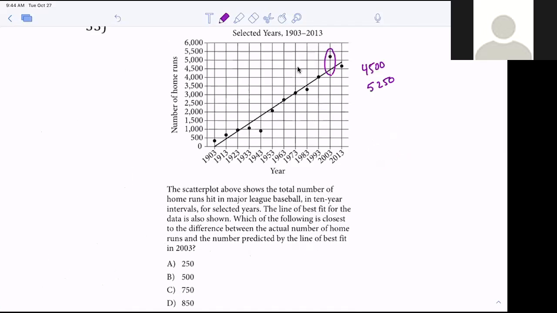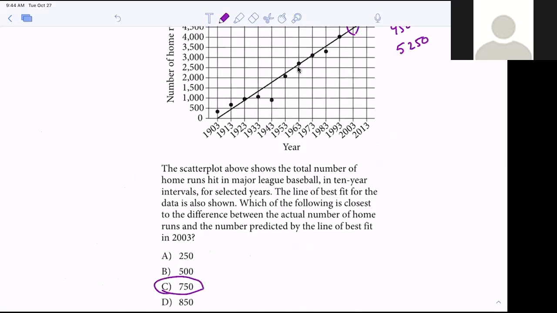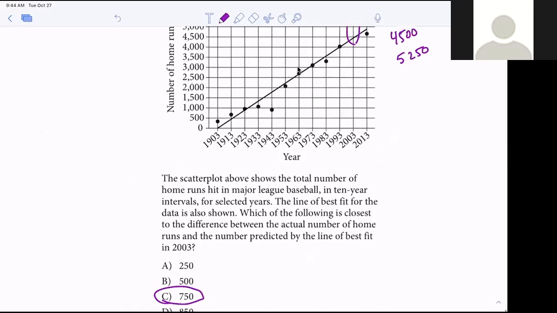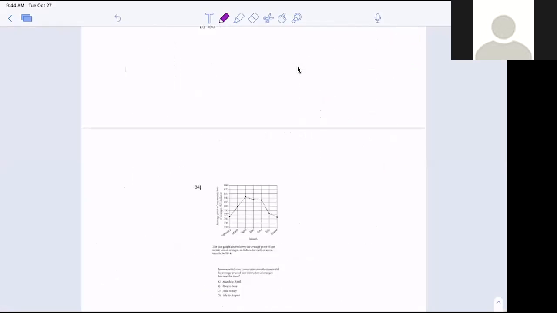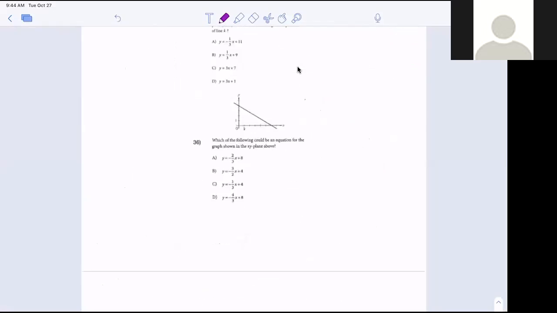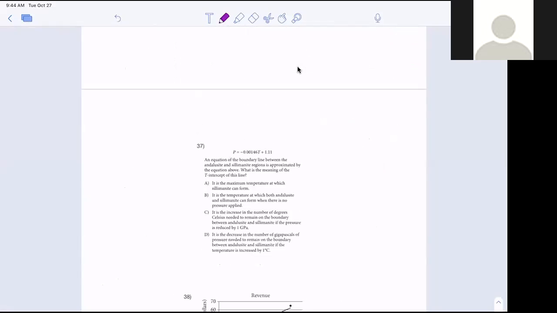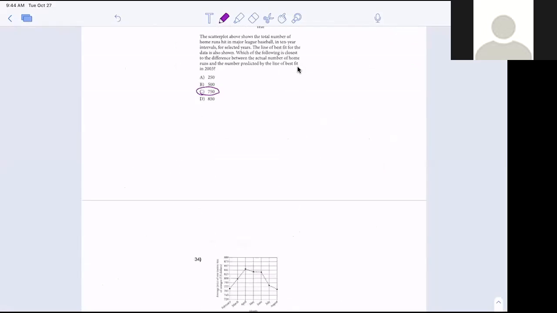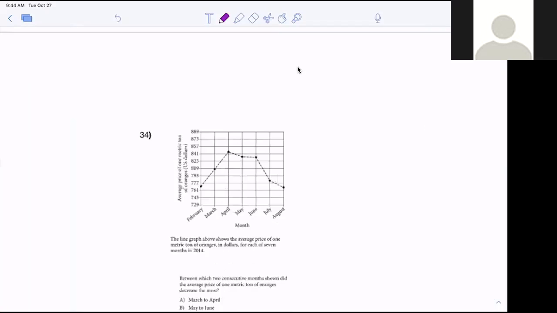Then subtract. Look at that. Yeah. See, it's not bad. Actual and predicted. Actual and predicted. Anybody have any issues? All right. All right, here we go. Let's take a look at 34.